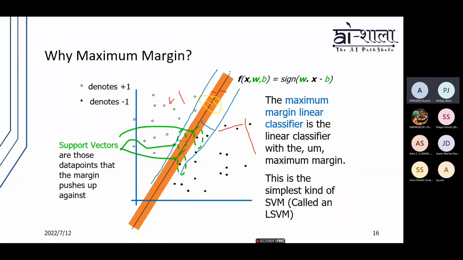Suppose the equation of this was wx + b = 0, and the equation of this would be wx + b = 1, and if you keep on increasing it would be plus 2, then plus 3. So the functional margin depends upon the width of the support vectors, or the distance.